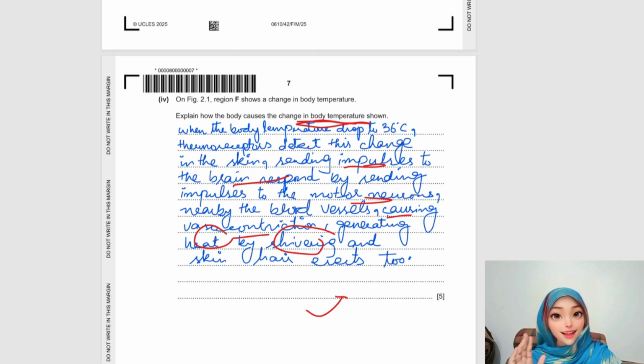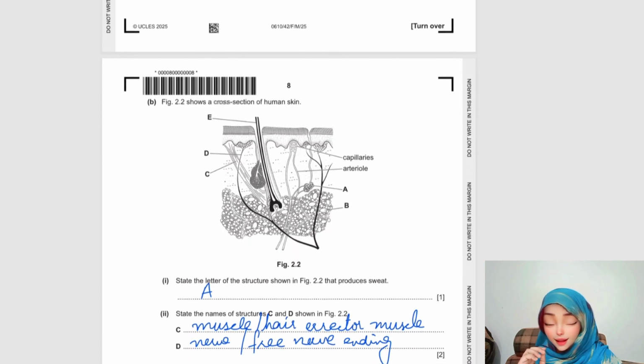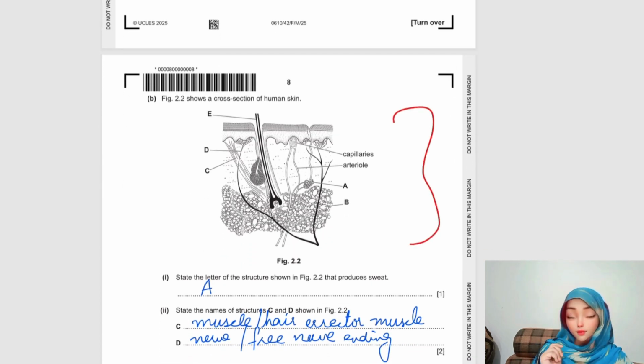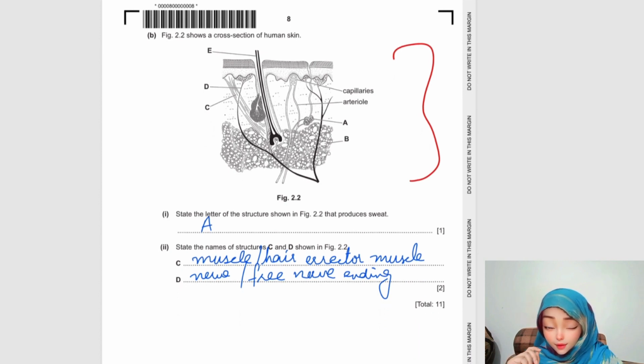Okay, got it? So now let's move on to part B, and here is a cross section of human skin. In part A you may observe the sweat glands.